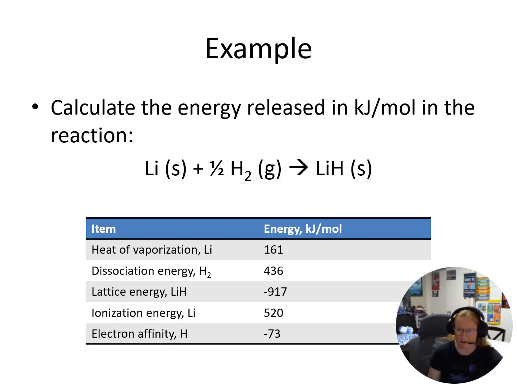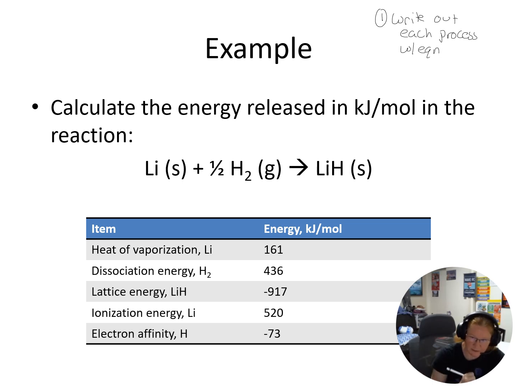All right, and here's one to try on your own so that you don't have to flip through all the slides and find all the stuff. I have given you the pertinent information summarized nicely on this slide, okay? So you want to write out each process with the equation, and then calculate what is asked for, okay?